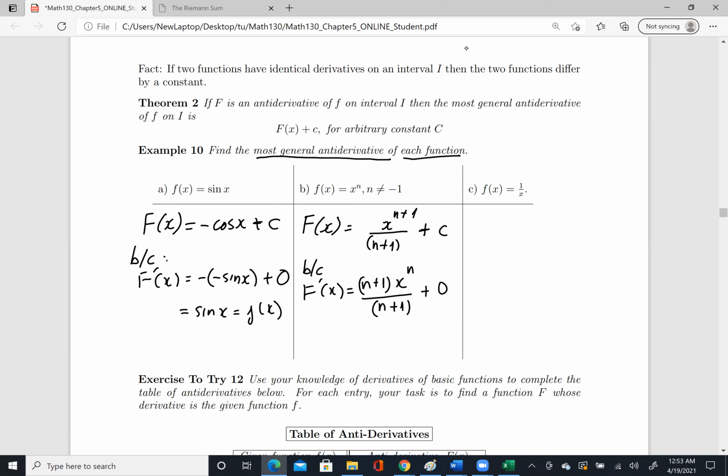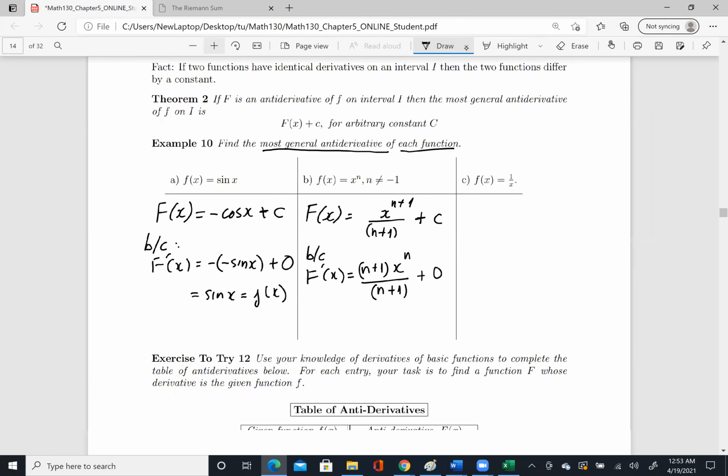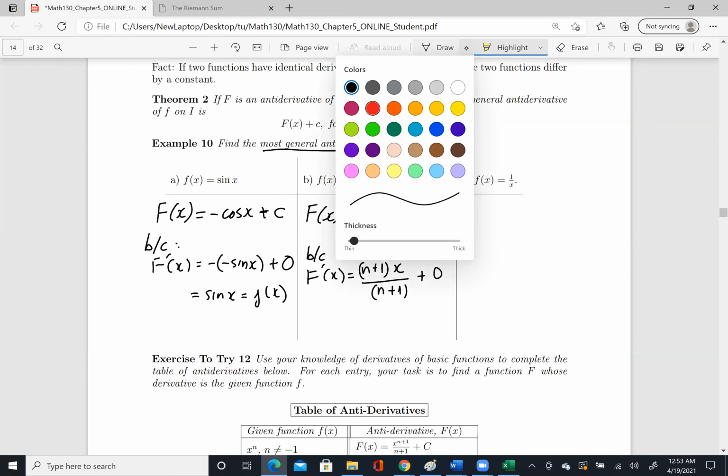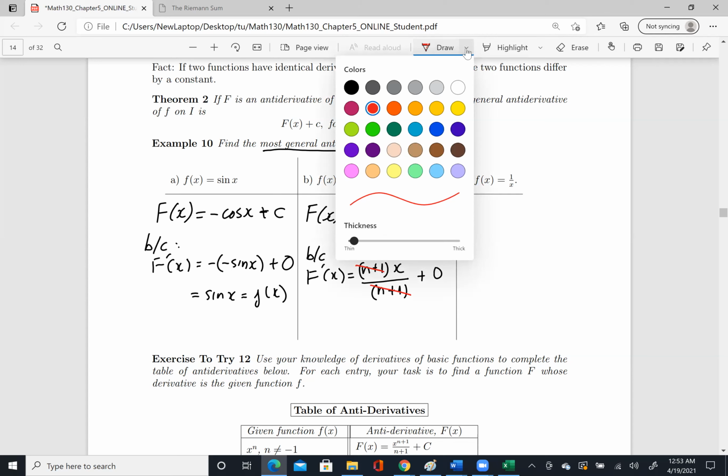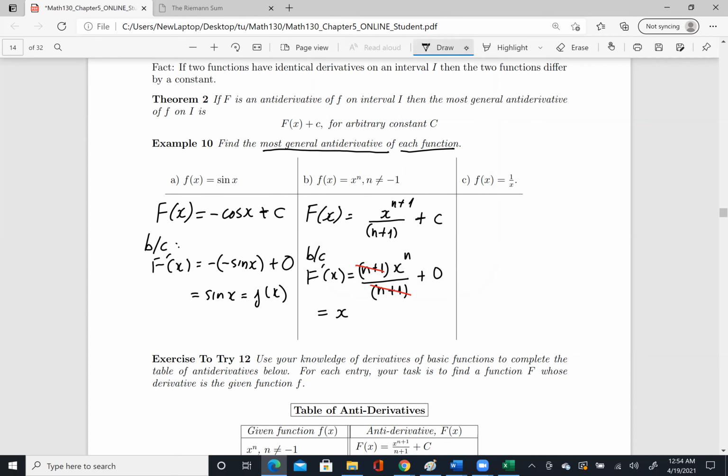Because n is not equal to -1, I can cancel the n plus 1, and now I have x to the n only, which equals f(x).